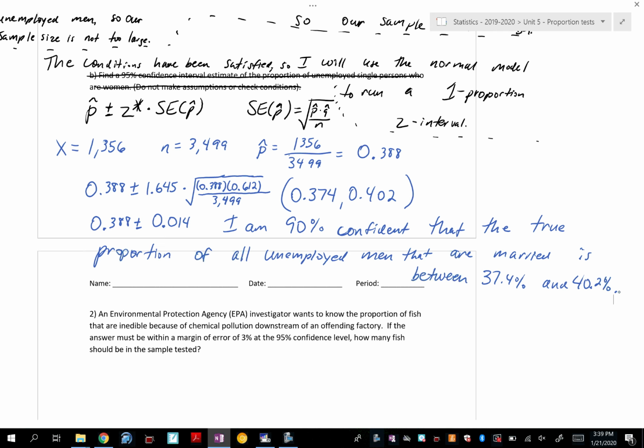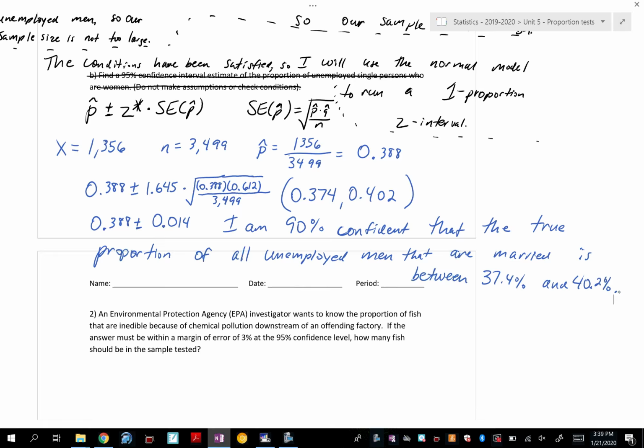That's the biggest thing I want your brain to know, that we built this interval around 0.388. Think about your favorite Jefferson Starship song. We built this city. We built this interval around 0.388.